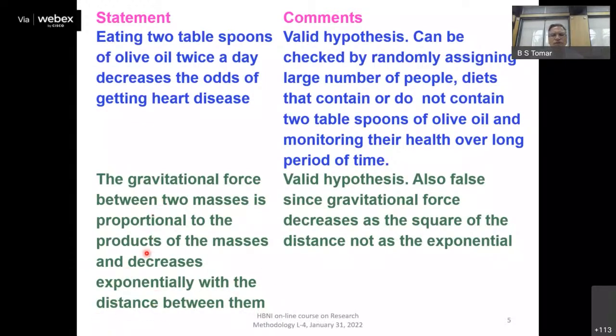So it's a valid hypothesis, but it is also false, because gravitational force decreases as the square of the distance and not exponentially. So when you are making a hypothesis, to make sure that it is a valid hypothesis, one has to read the literature and see that conceptually it is a correct hypothesis. Then only you should proceed ahead with the experimentation.